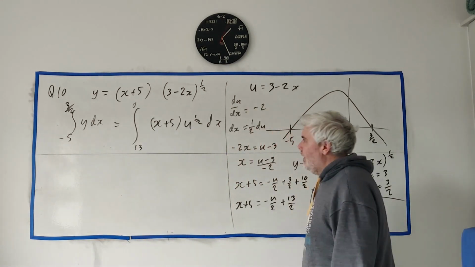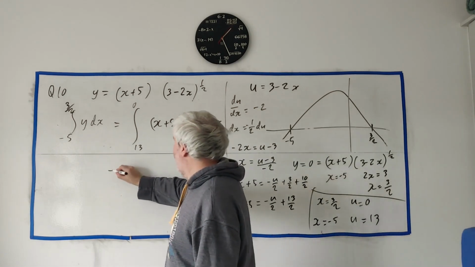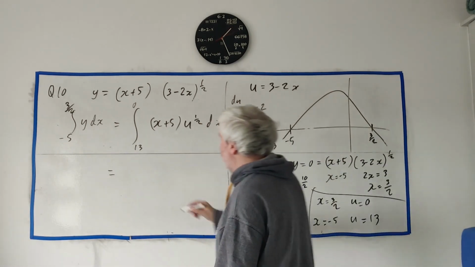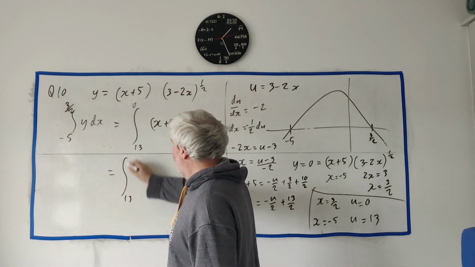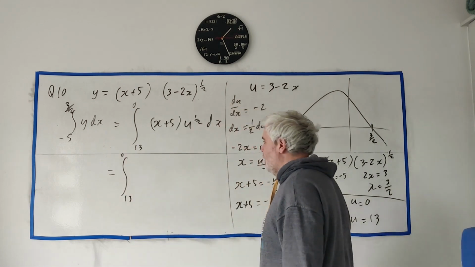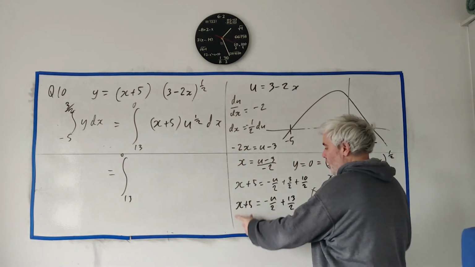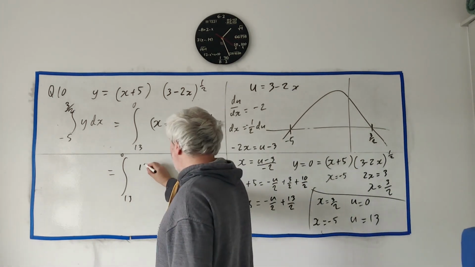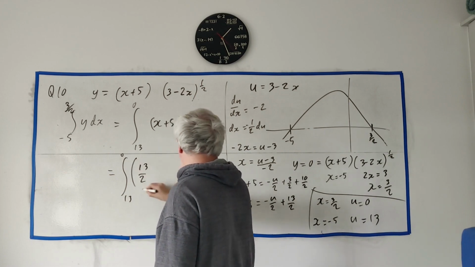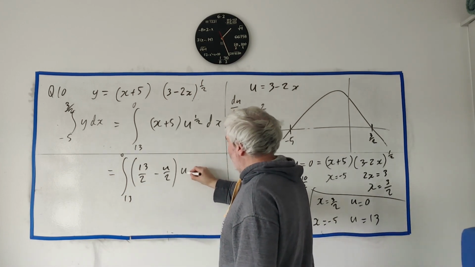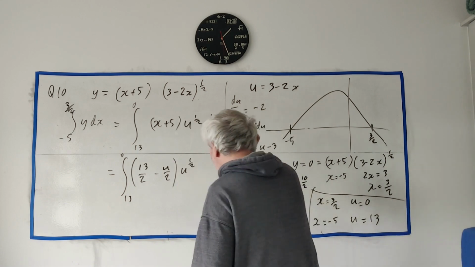Yeah, that's fine. And let's clean this up. Let's substitute everything we know in. So we have minus, the integral from 0 to 13 of, I'm going to replace this instead of x plus 5, 13 over 2 minus u over 2 multiplied by u to the half.